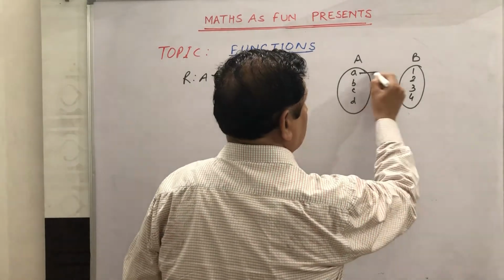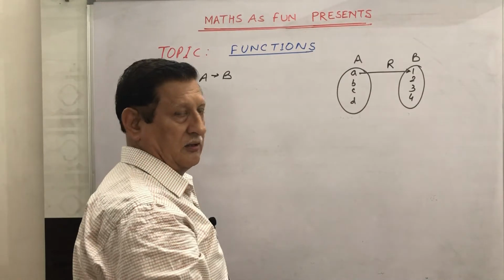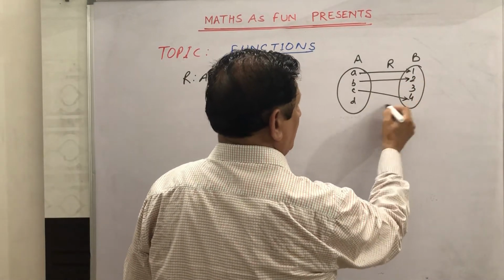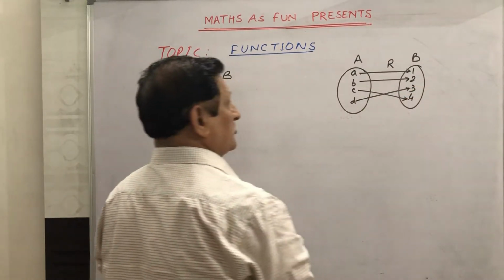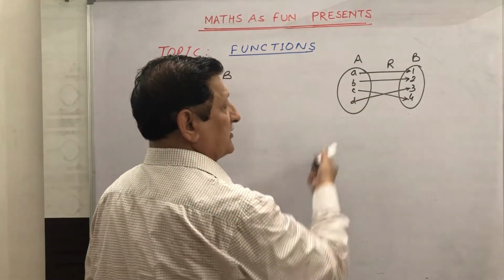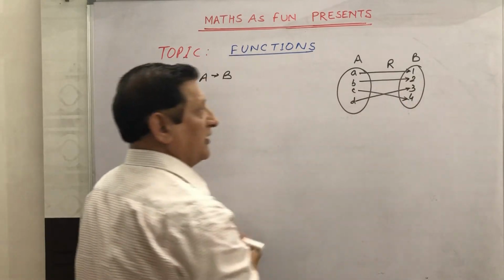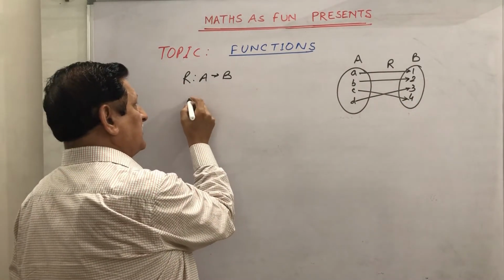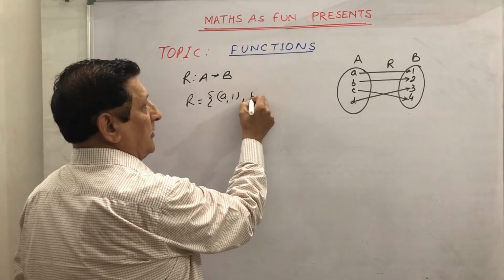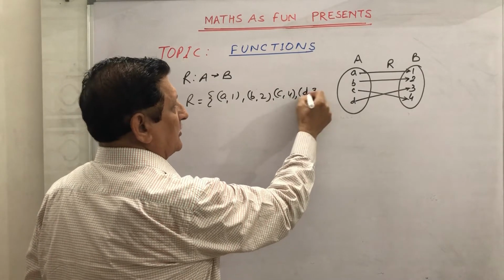If a is related to 1 by some relation R, b is related to 2, c is related to 4, d is related to 3, that is the meaning of uniqueness of image, and also every element is related to some element of B.